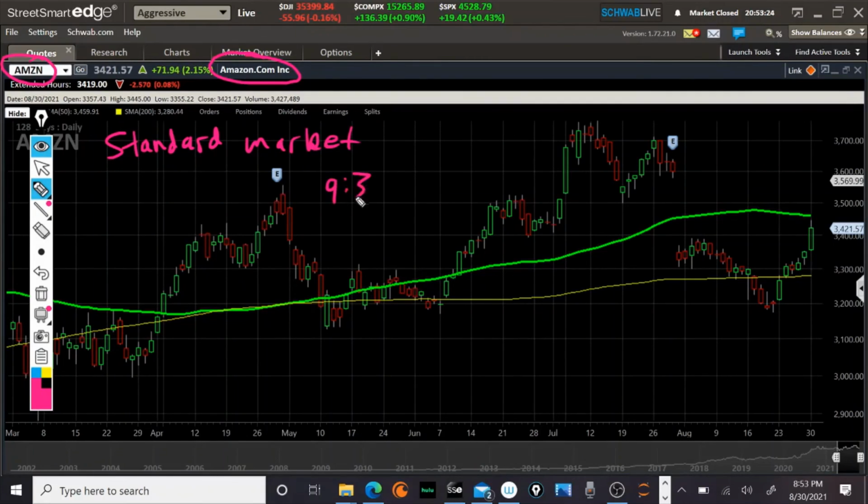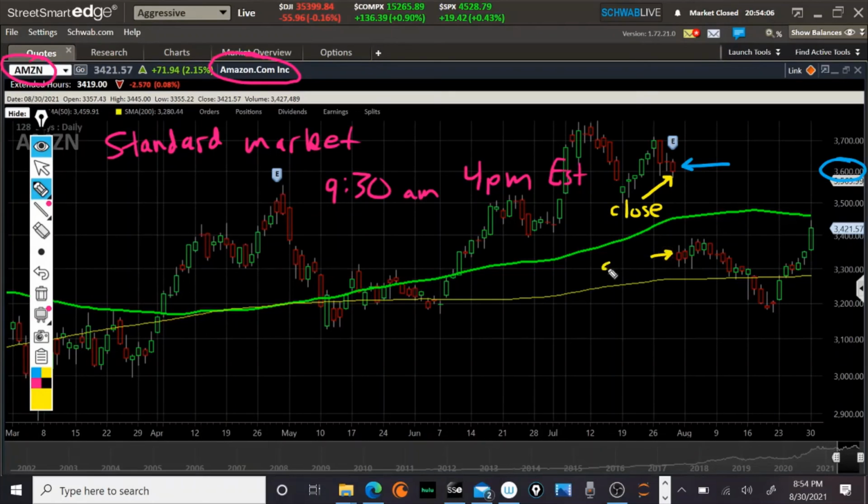That is from 9:30 to 4 p.m. And that's the time that these stop orders can execute. So we have right here the 1 day. So this is the close of 1 day. And then we'll see the price is $3,600. And so this is the close at the bottom there of the candlestick.